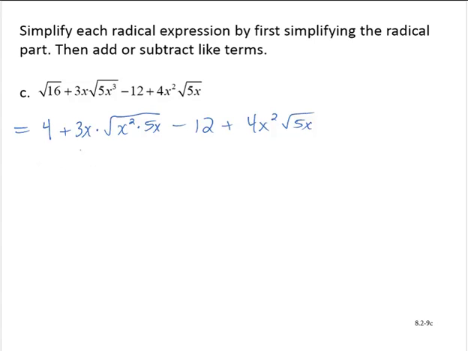Alright, breaking up that second term and just rewriting everything else. So I'll have 3x times the square root of x squared times the square root of 5x minus 12 plus 4x squared times the square root of 5x. Now, the square root of x squared is x.